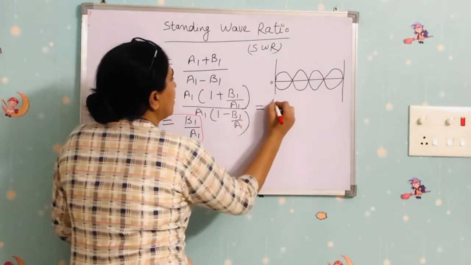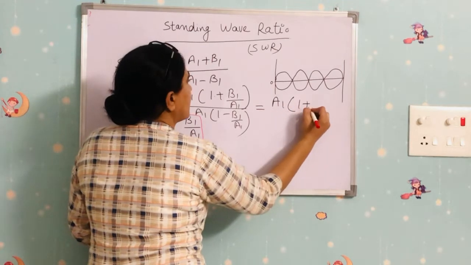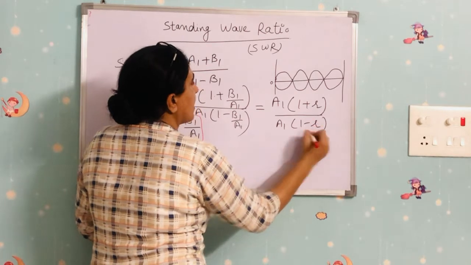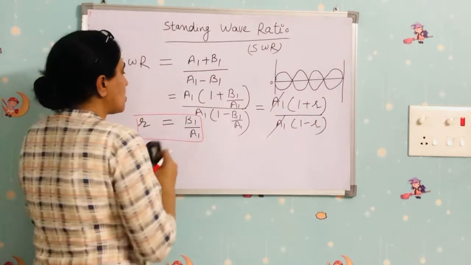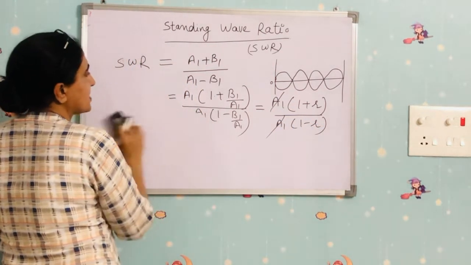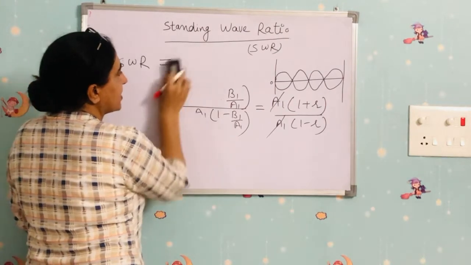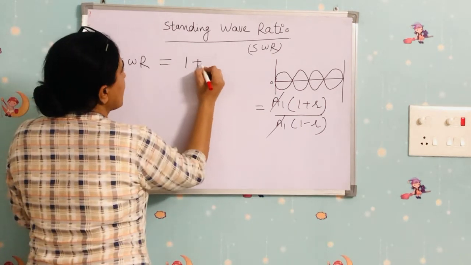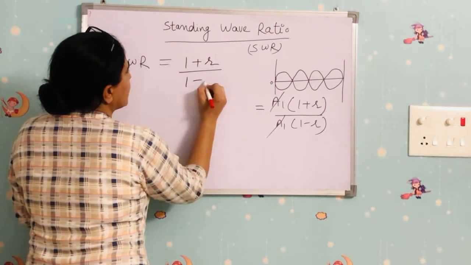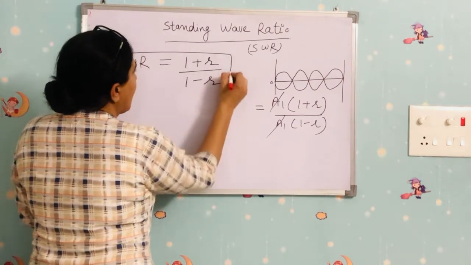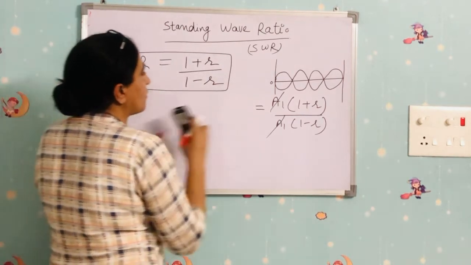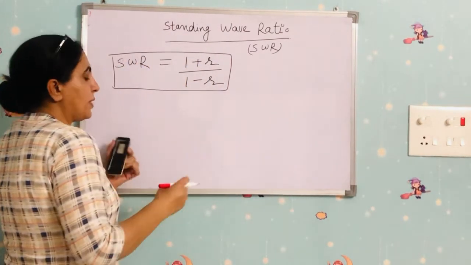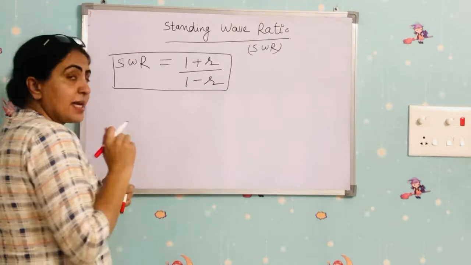So this will be equal to A1 (1 plus R) over A1 (1 minus R). A1 cancels. So the standing wave ratio is equal to (1 plus R) over (1 minus R). What is R? R is the reflection coefficient for amplitude.